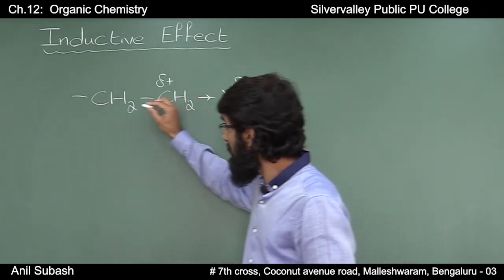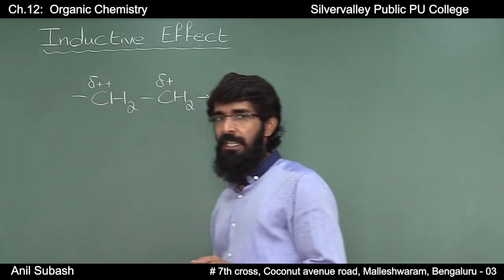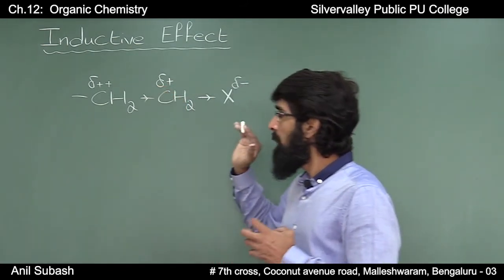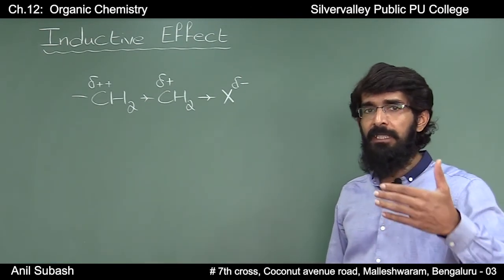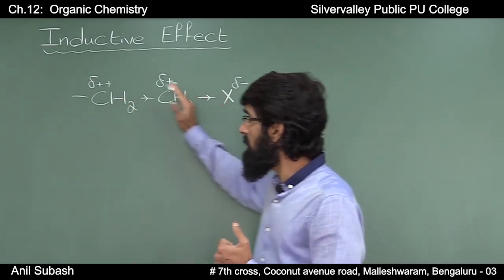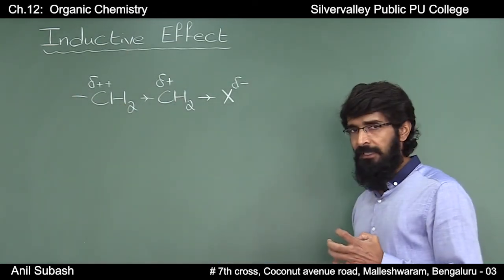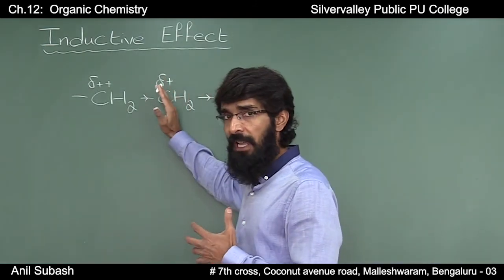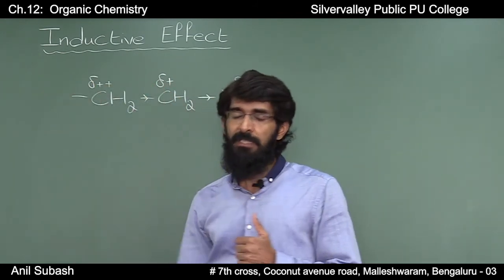Now this carbon, which has a partial positive charge, will attract the shared pair of electrons between these two carbons, and this carbon will again develop some charge, indicated by delta plus plus. A polarity is developed in the molecule, and this polarity goes on shifting along the carbon chain. The positive charge developed on this carbon atom will be more when compared to the polarity developed on this carbon atom.